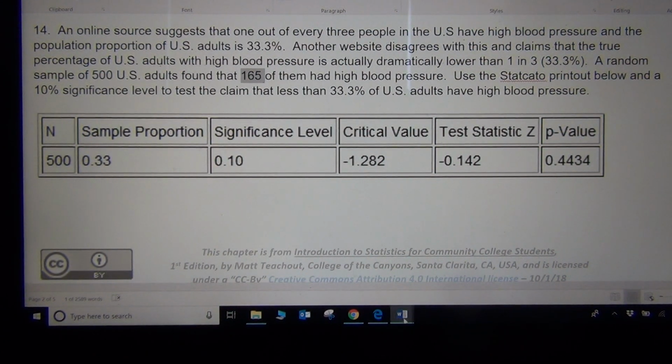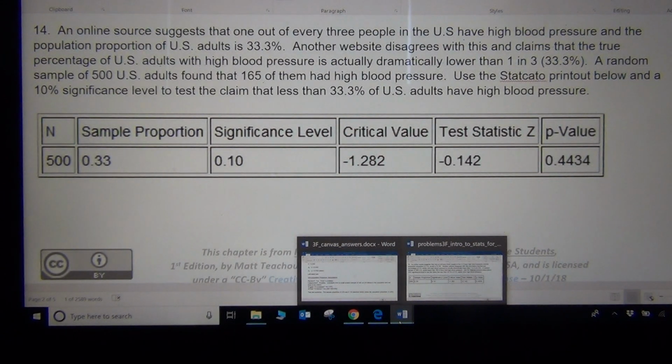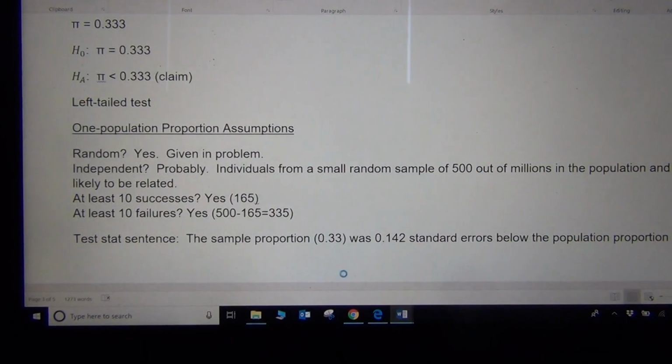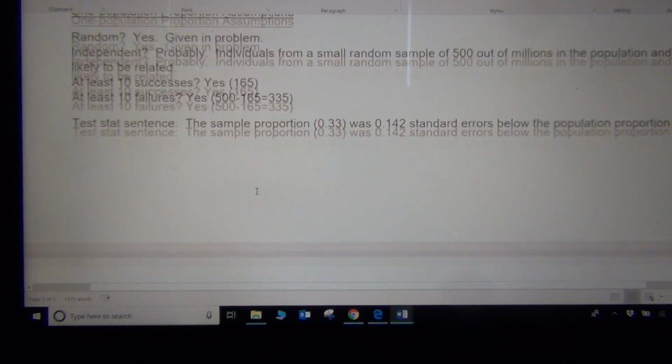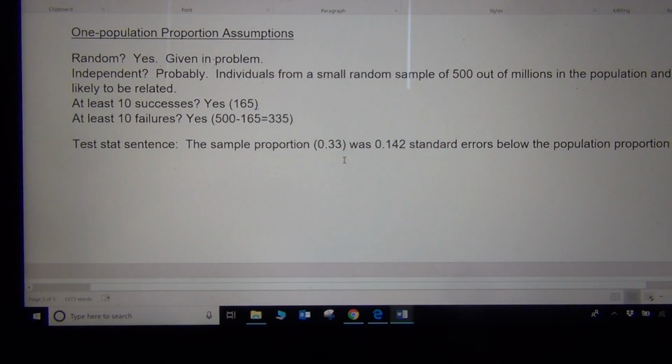Okay, so let's go back here and see if we can finish this problem up. So we got our samples that we tested. We got the assumptions. Our test statistic sentence: the sample proportion 0.33 was only 0.142 standard errors below the population proportion 0.333.